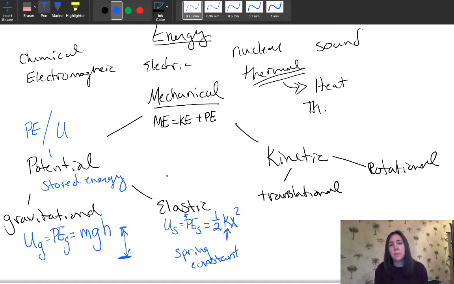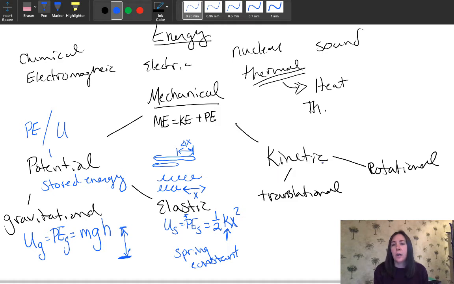So elastic potential energy is oftentimes seen in rubber bands where you stretch them. And so this would be the change in position, or x, or you see it in springs where springs are stretched or springs are compressed. And so this would be our change in position, or x.